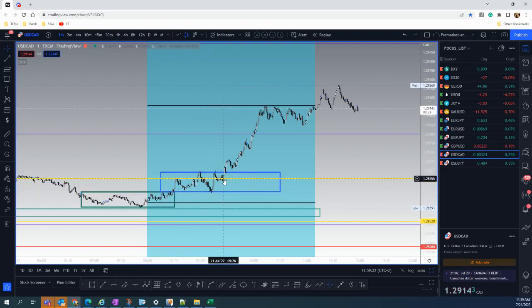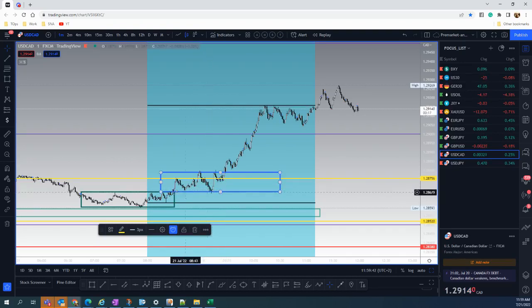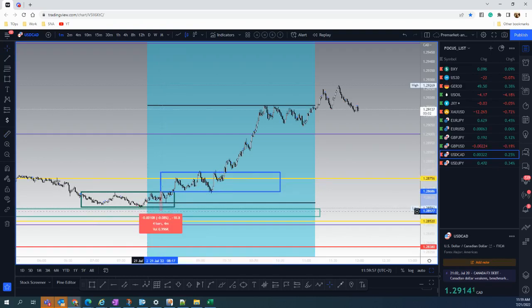I was waiting for a pullback to this, but it did not pull back. I also hesitated to enter here. I was already looking to go long, but my order block was here, so it was not hit. Instead it pulled back to the high of the box. So next time, lesson learned, I can go long at the high of the box and put the stop loss below the green box.